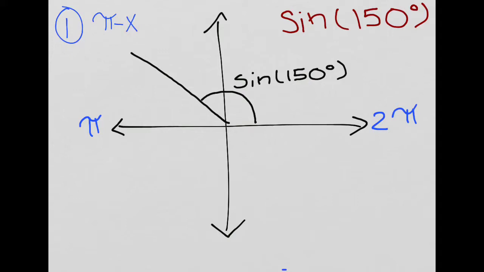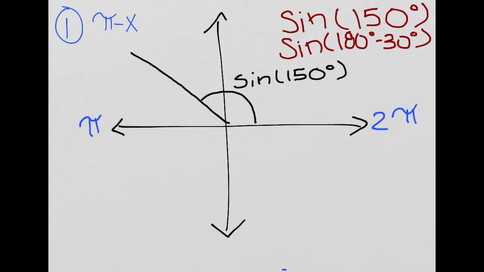So now we're going to rewrite sine 150 degrees as sine of 180 degrees minus 30 degrees. What I just did there is I used the identity pi minus x.